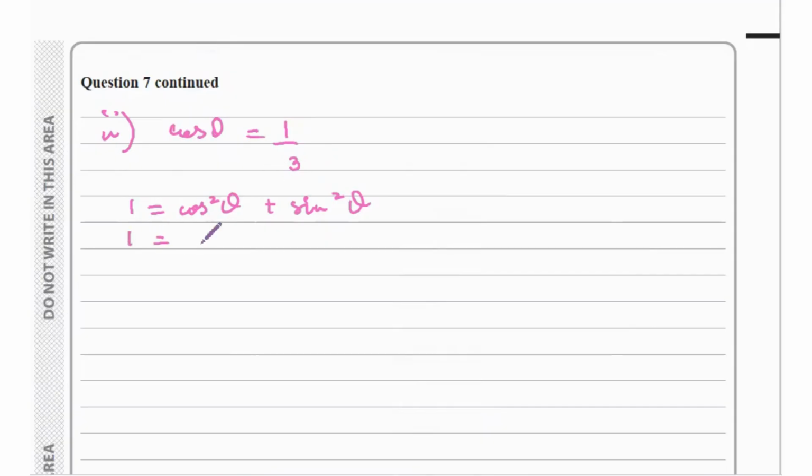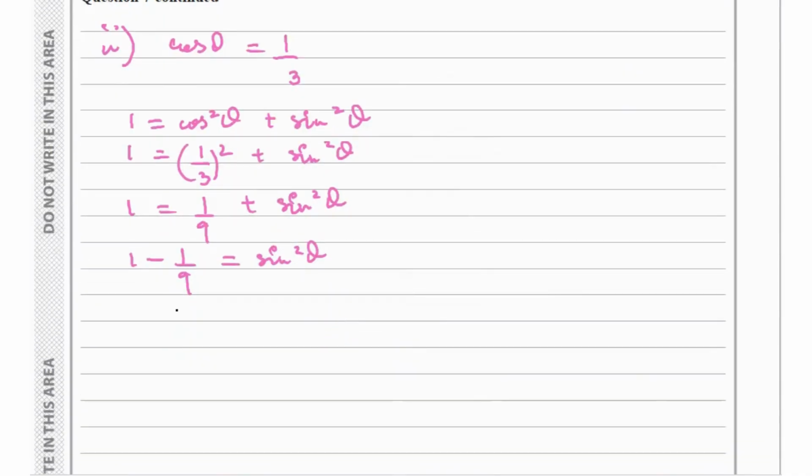So 1 equals 1 over 3 whole square plus sine square theta. That's 1 equals 1 over 9 plus sine square theta. So 1 minus 1 over 9 equals sine square theta. That's going to be 8 over 9, and we square root that, and that equals sine theta.